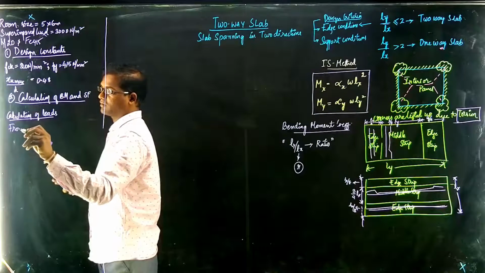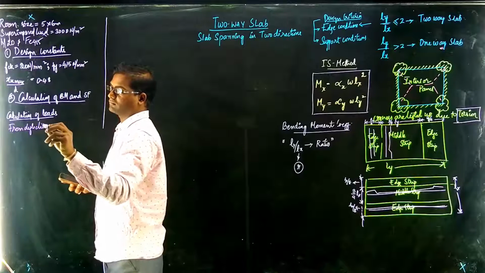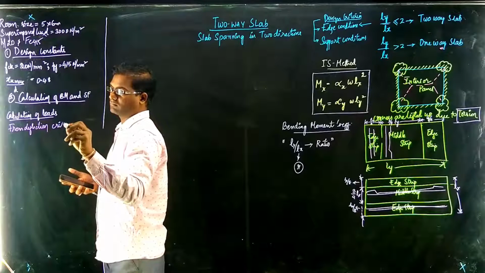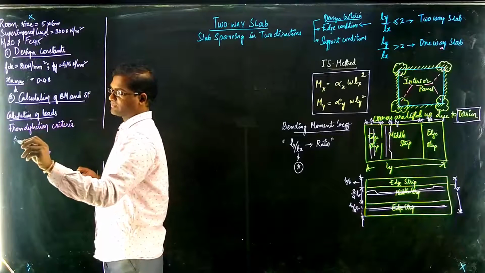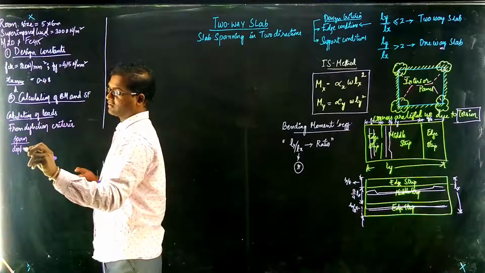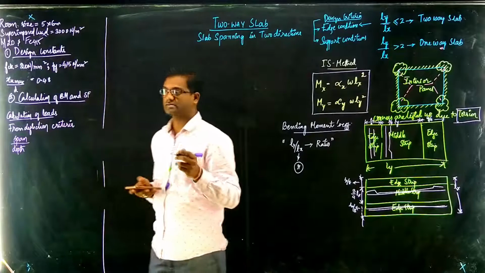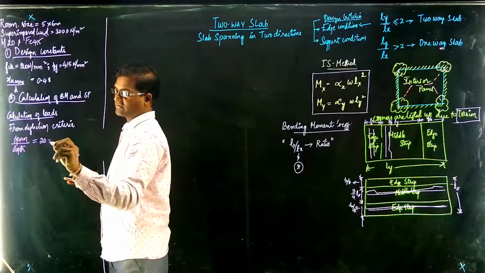From the deflection criteria, span by depth for a simply supported beam is given in the code as 20.